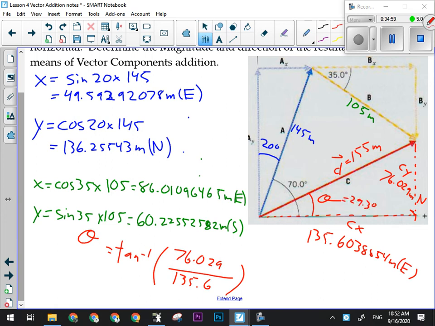What direction is that? North of east, okay? My angle arc is touching east, and I'm going north of that. Okay, so my final answer here is going to be that my overall displacement is 155 meters at, sorry, not 55, at 29.3 degrees north of east.